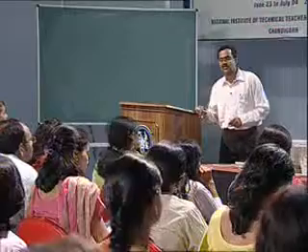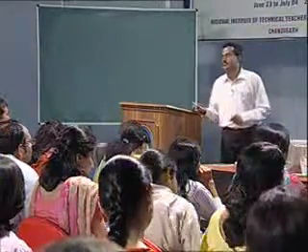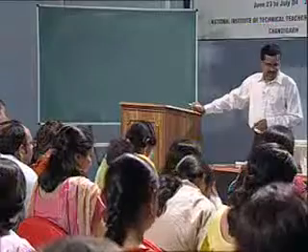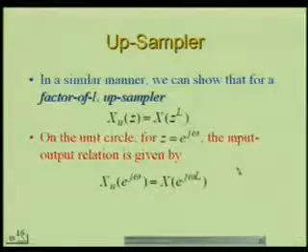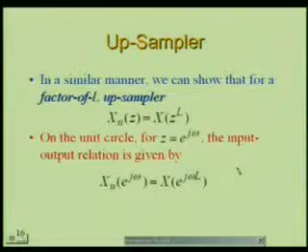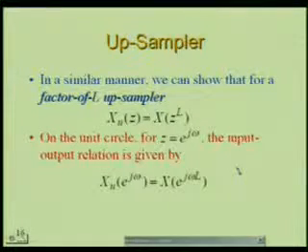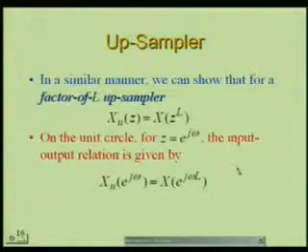Similarly, we can consider the upsampler in a similar manner. We can show that for a factor of L upsampler, X_u(z) is equal to X(z to power L), where capital L is an integer again. On the unit circle, for z is equal to e to power j omega, the input output relation is given by X_u(e to power j omega) is equal to X(e to power j omega L).